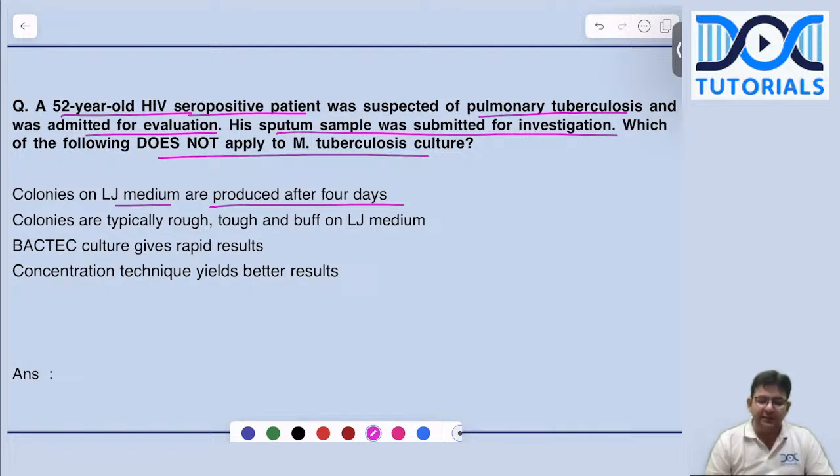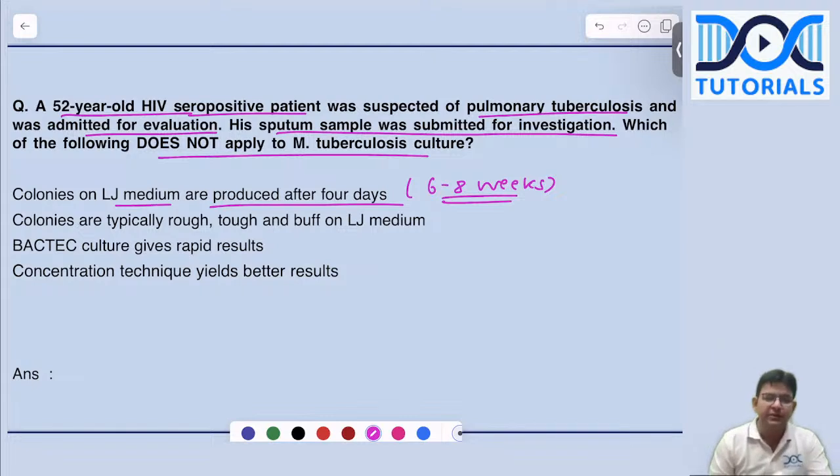The colonies on LJ media do not come in 4 days. In fact, it takes 6 to 8 weeks to come. And what is LJ? Lowenstein Jensen. In this, do we use agar? We don't use agar. We use hen egg for the solidification.